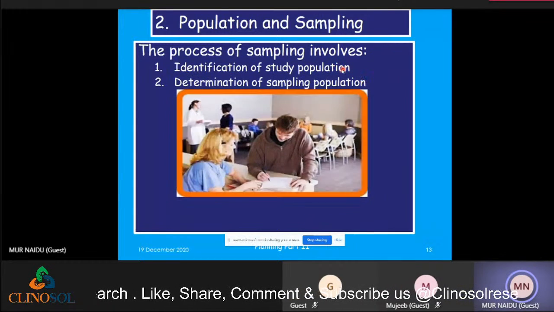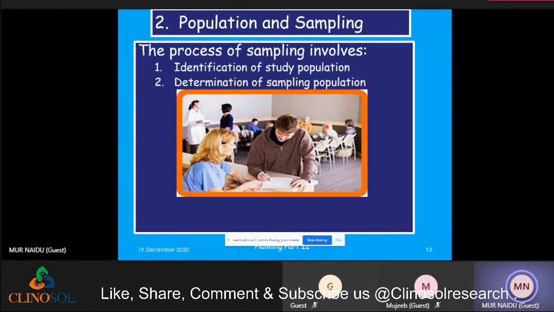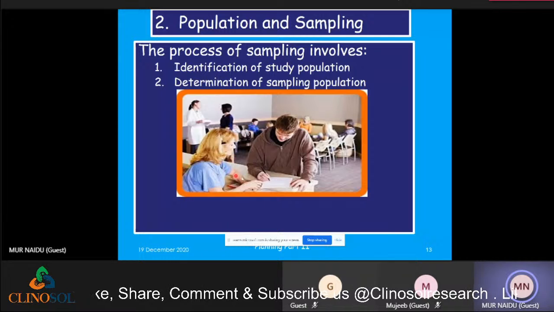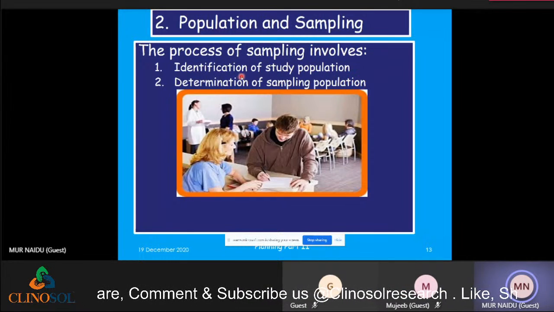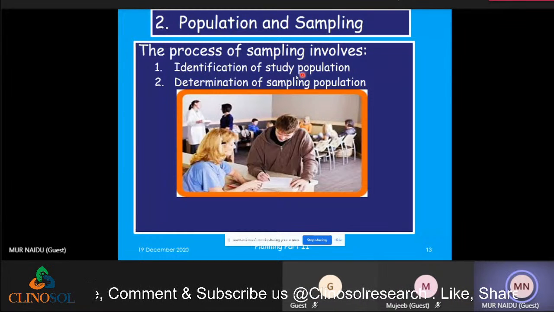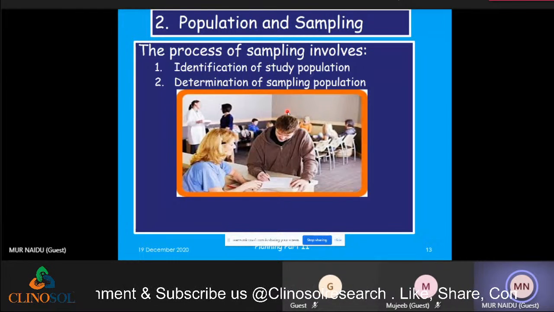Second thing is determination of the sample. Who are the people who can come into your study? So identification of your study population, then determination of the sample population.